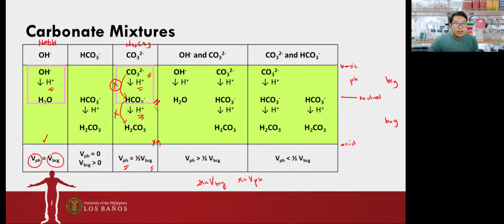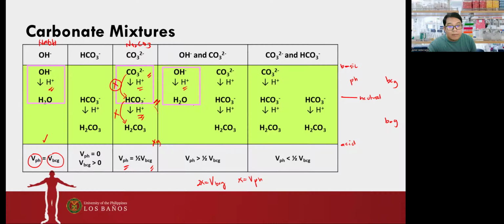Okay? So ngayon, what if magkasama ngayon si OH minus tsaka si carbonate ion? Ayan. So ganoon lang ulit. So meron tayong OH minus, then meron tayong carbonate ion. So kapag gumamit tayo ng phenolphthalein endpoint or phenolphthalein indicator, so lahat ng H plus natin, gagamitin yan para ma-convert si OH to water.